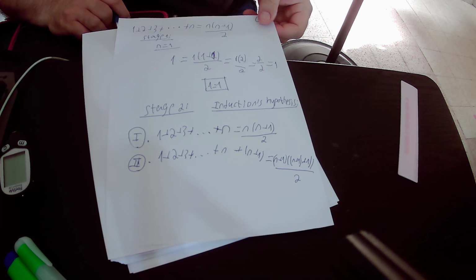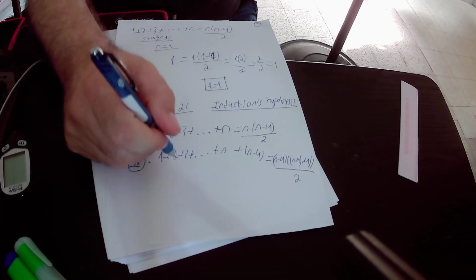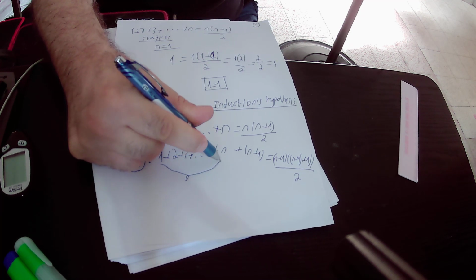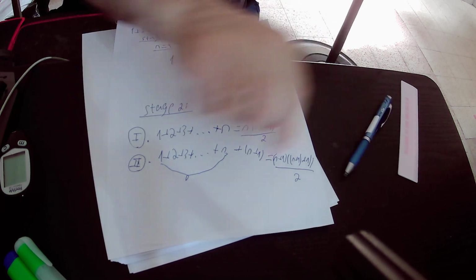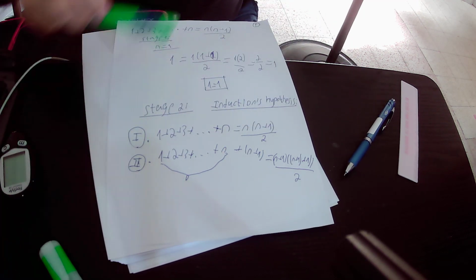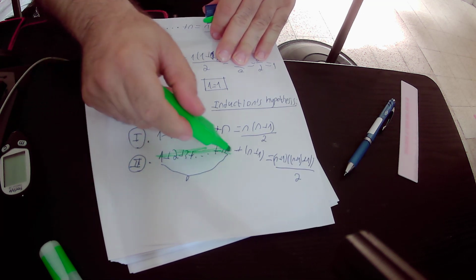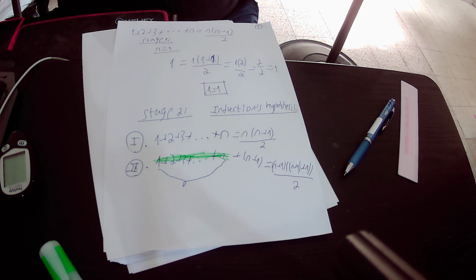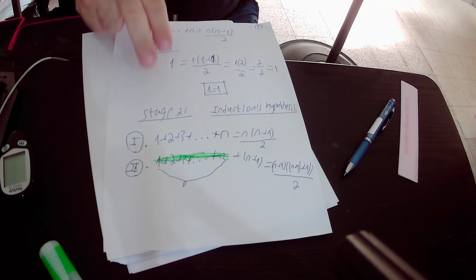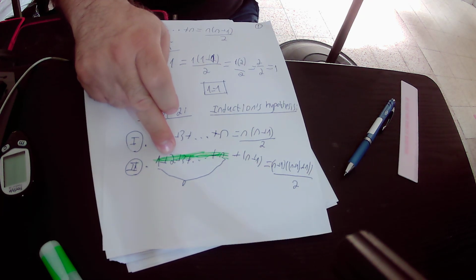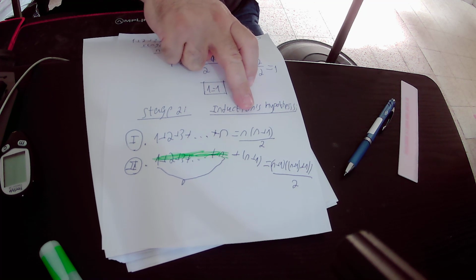Okay, so actually we should look at this expression, the expression in the green color. We know, according to our assumption, that this expression equals n times n plus 1 divided by 2.